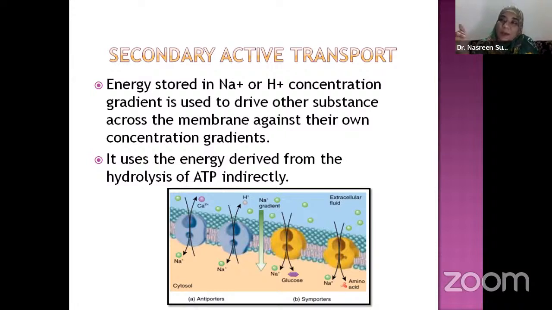When the sodium is coming inside, along with it glucose is also coming inside, with the extracellular fluid. So that is called a symporter. If any other ion is just taking a chance and coming inside along with the sodium, then it is called secondary active transport. It is not using the energy directly, but it is using it indirectly.